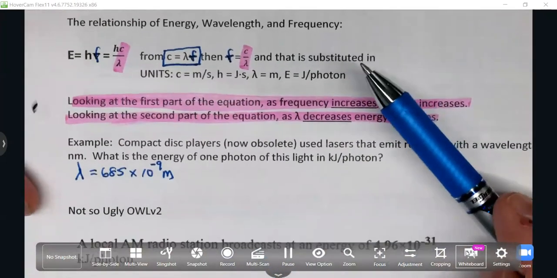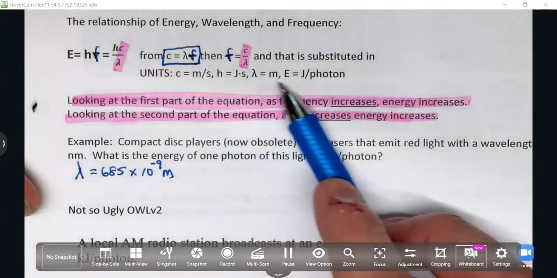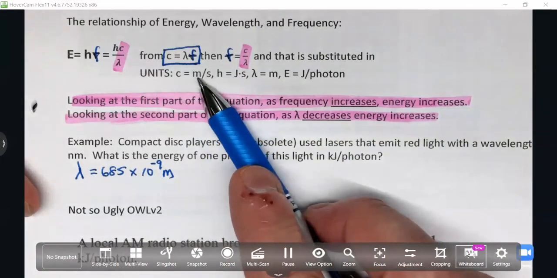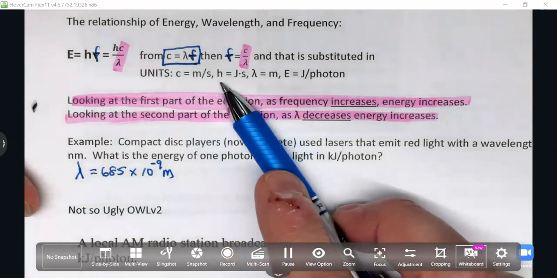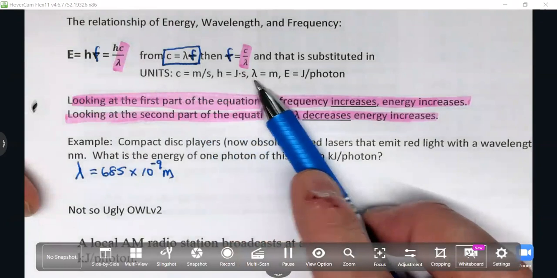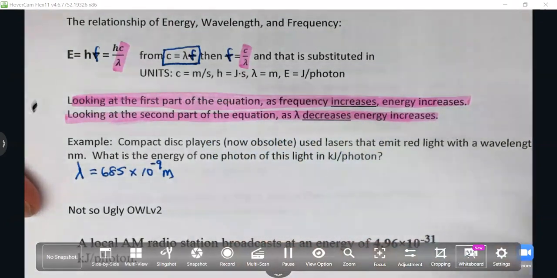And I should go up here and look at these units. We know the speed of light is in meters per second, 3 times 10 to the 8 meters per second. This is Planck's constant in joules times seconds. Well, we want to keep our wavelength in meters. Our energy we get is then joules per photon.